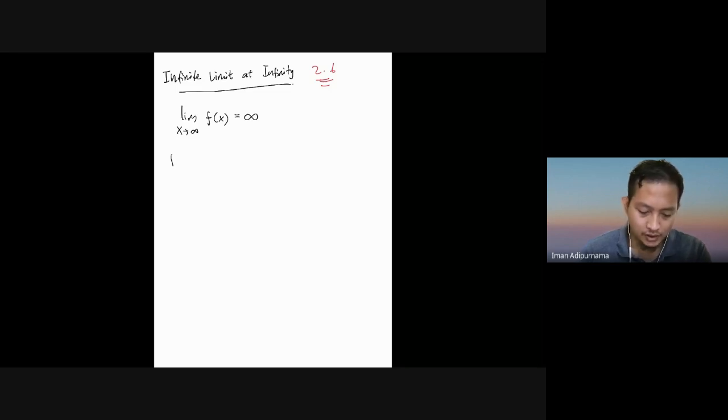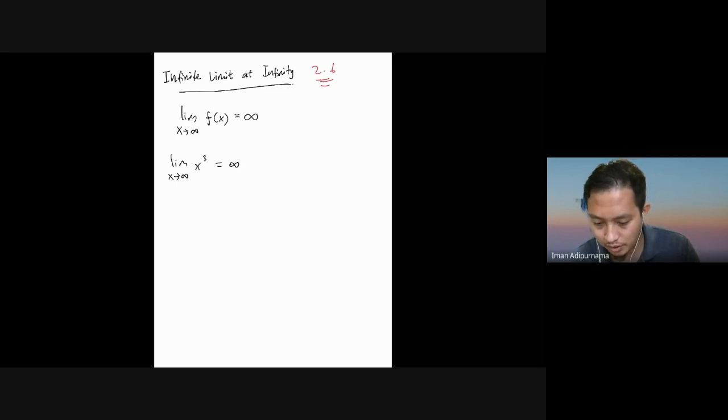You can check the limit as x approaching infinity of x cubed. This will be infinity. Let me check the graph.